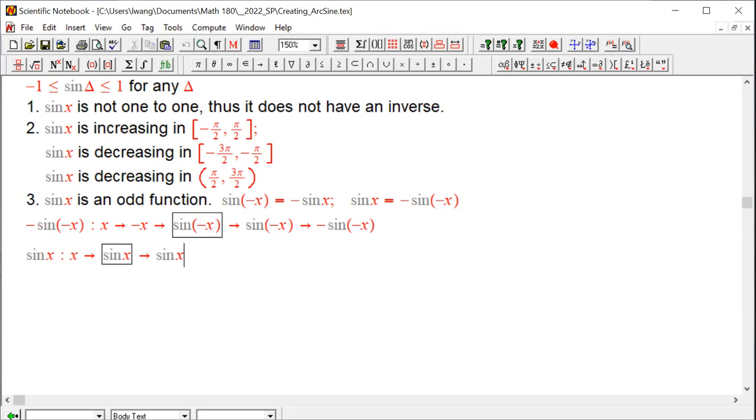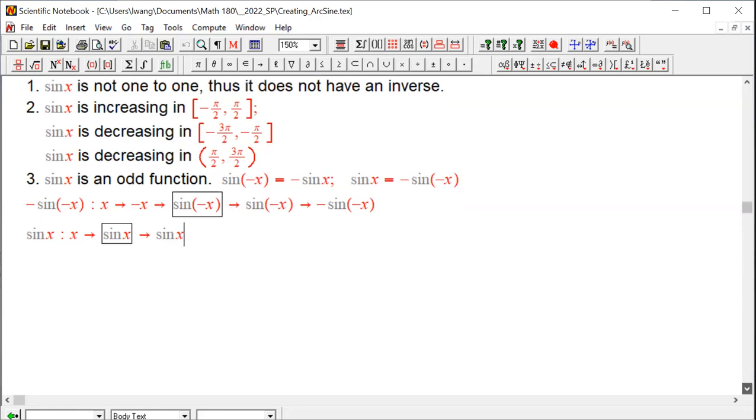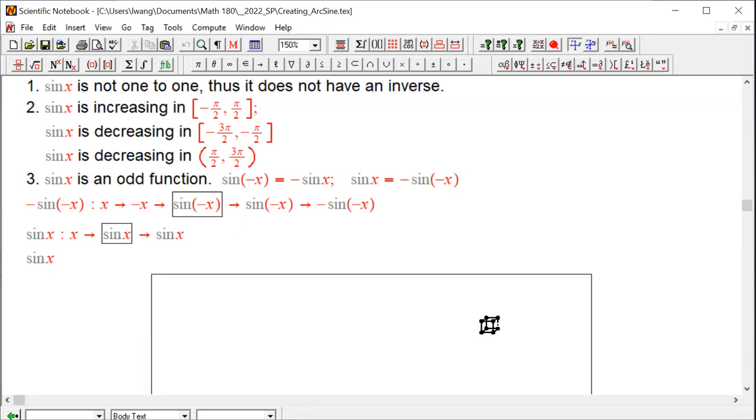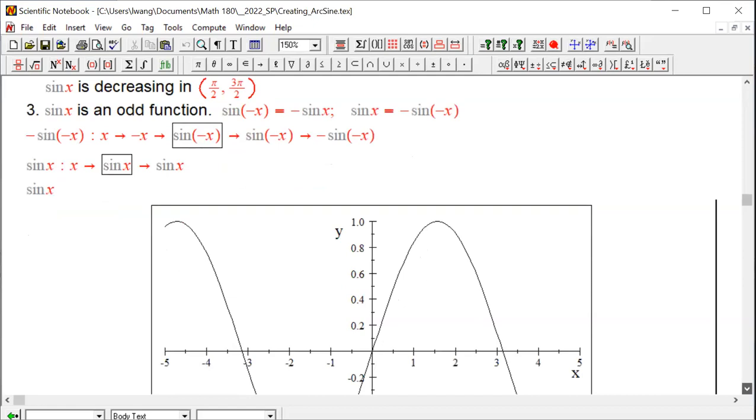Graphically, what does that mean? We have talked about this meaning, so let's do it one more time to understand the odd function. I was anticipating there might be some questions: what does this whole thing mean? Sine x, the curve is like that. This is the sine curve.